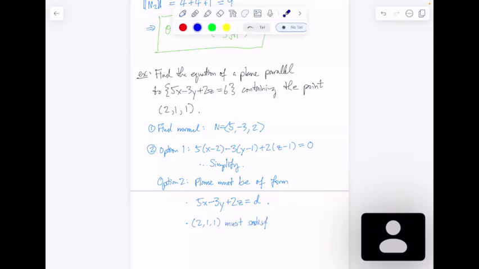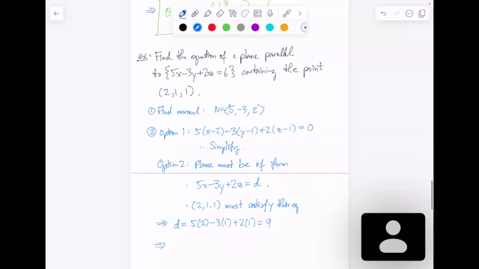So for some as of yet unknown constant d, (2, 1, 1) must satisfy it. So this means that your constant is 5 times 2 minus 3 times 1 plus 2 times 1, right? So that's 9. So your equation here is 5x minus 3y plus 2z is equal to 9.